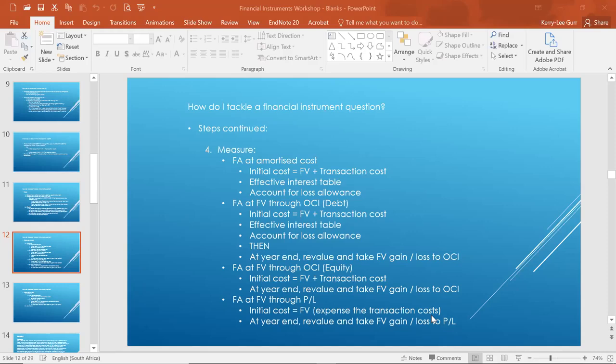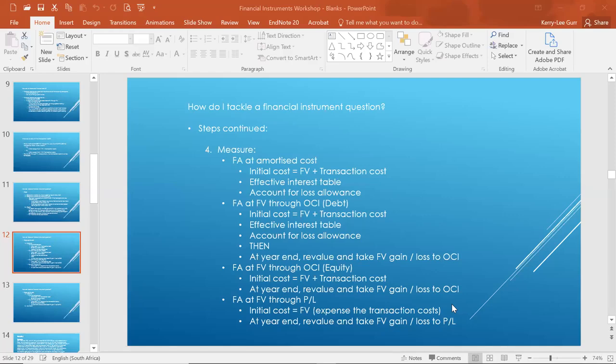And similarly with our fair value through P&L, the only thing is our starting point, we're going to be expensing our transaction costs, so they won't be included in the initial cost of our financial asset. And then at year end, ensuring that we revalue all of our items to fair value, taking any gain or loss to P&L.